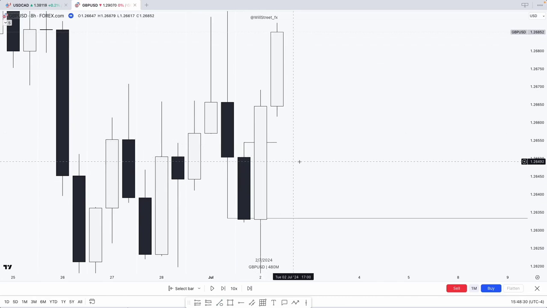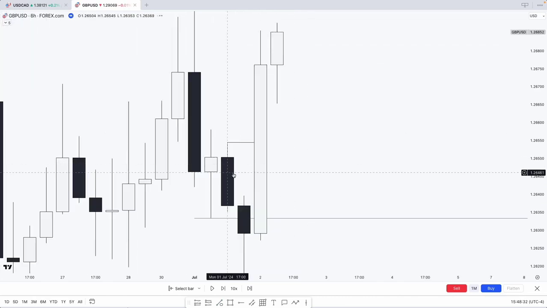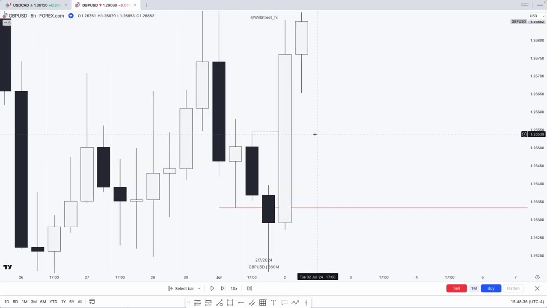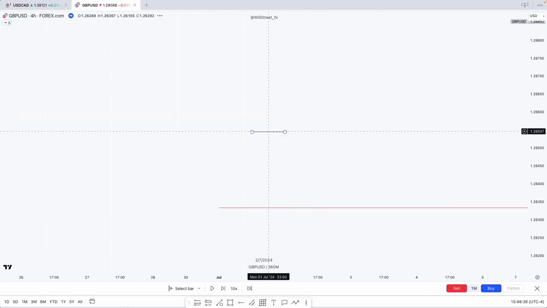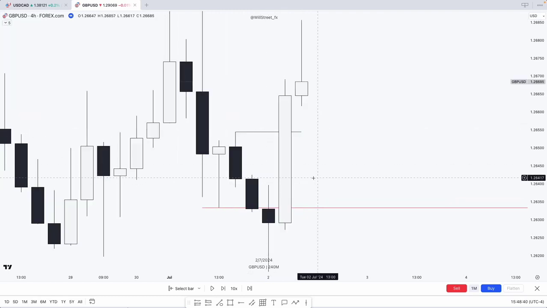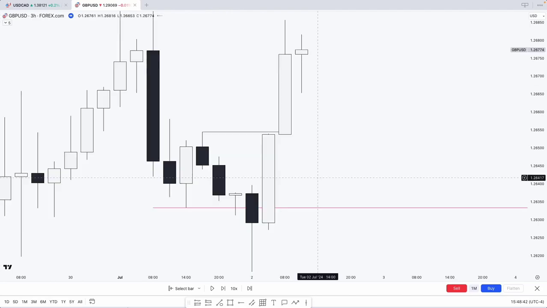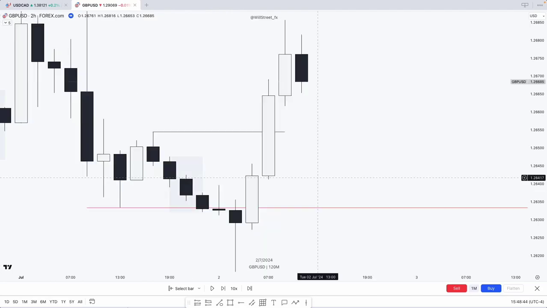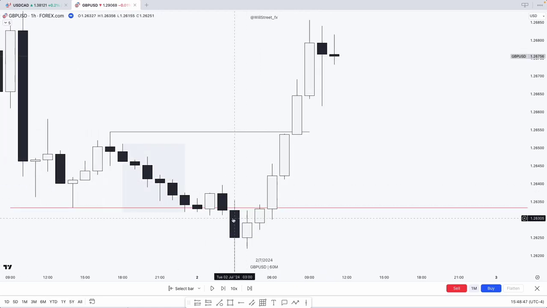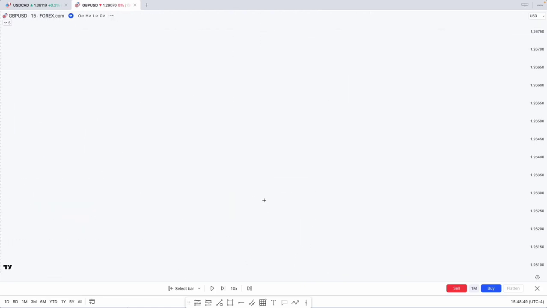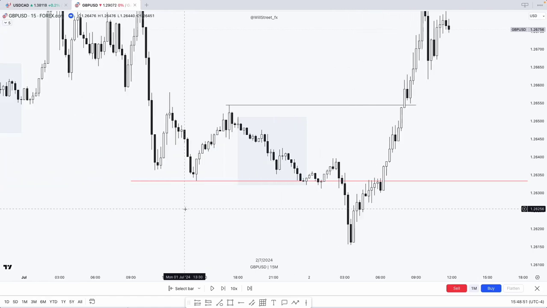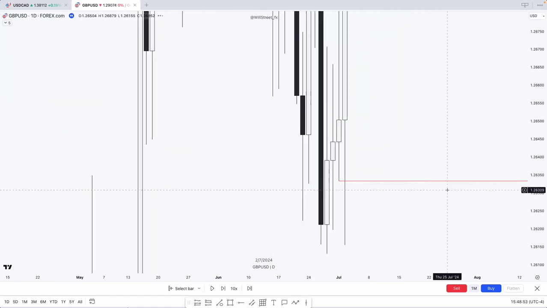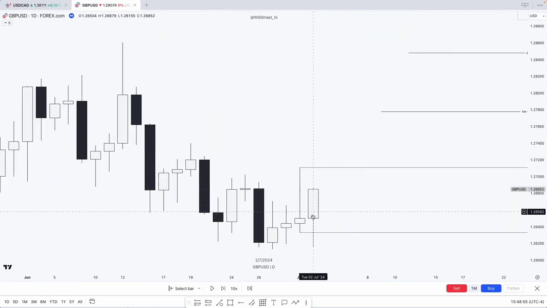A bias and probably maybe a partial. So which candle is this one? Okay, so this is 3 a.m., but I don't remember if there is some important, maybe this one.